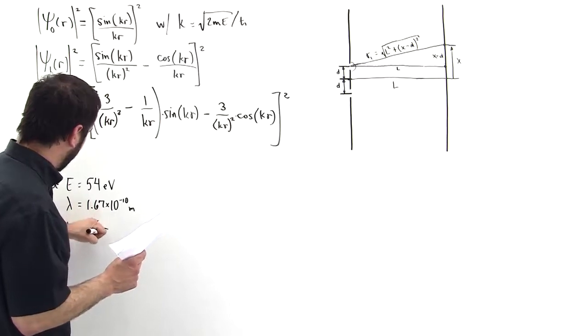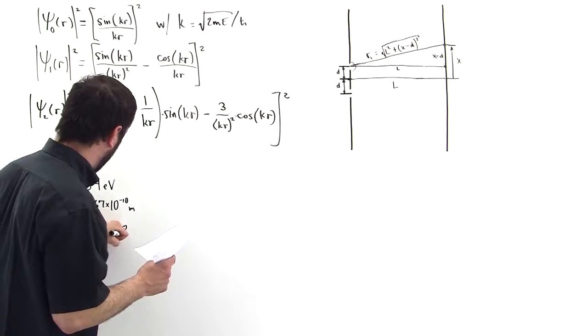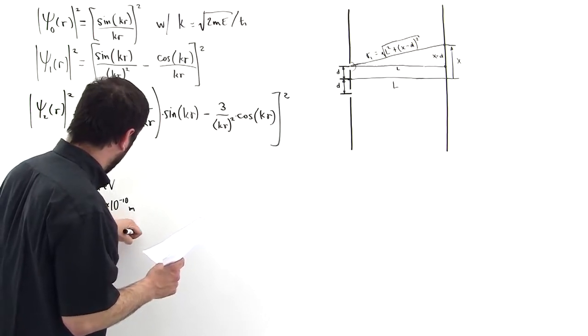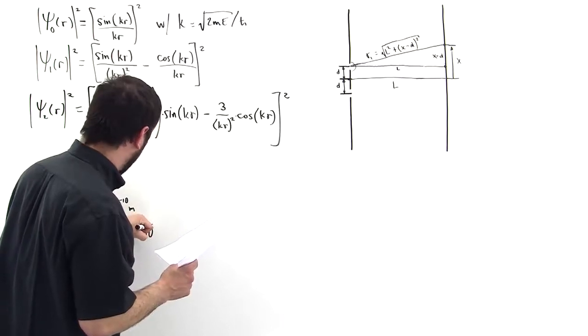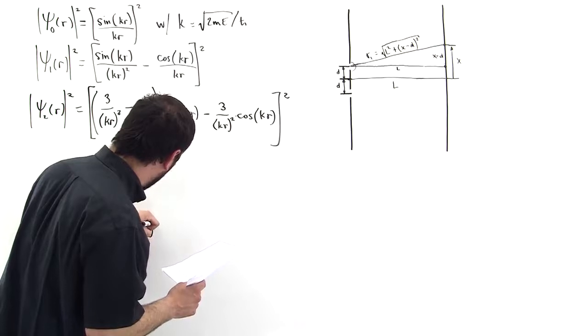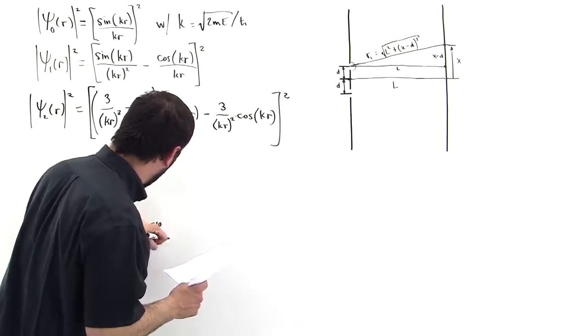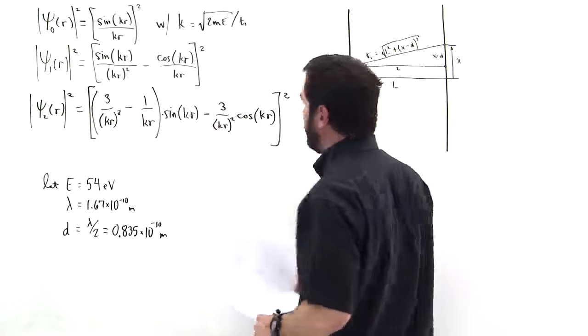So there's some physics right there. I'll explain in just one second. 0.835 times 10 to the minus 10 meters. Now why is D equal to lambda over 2?